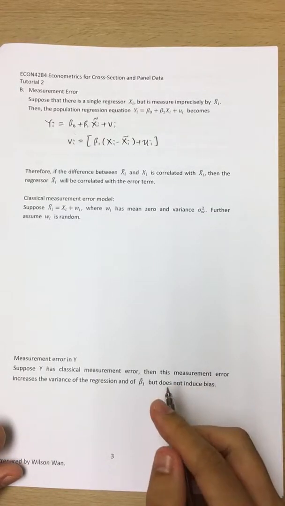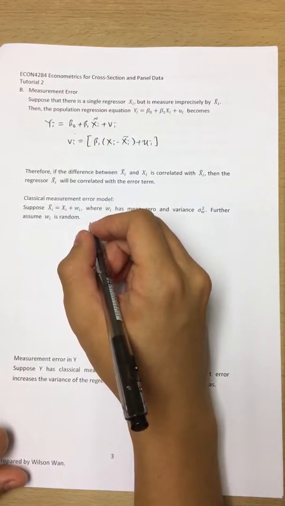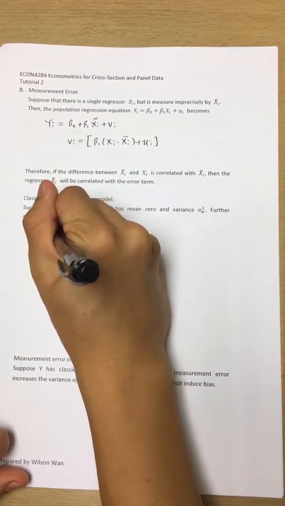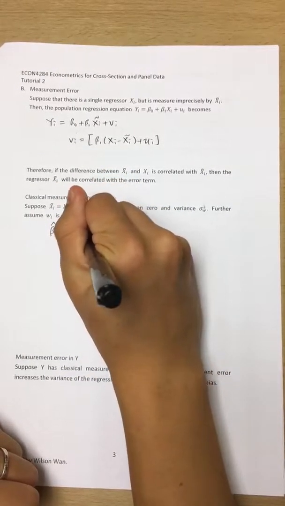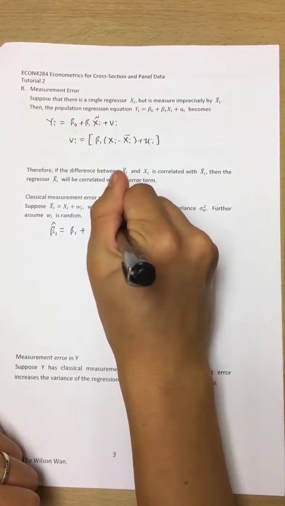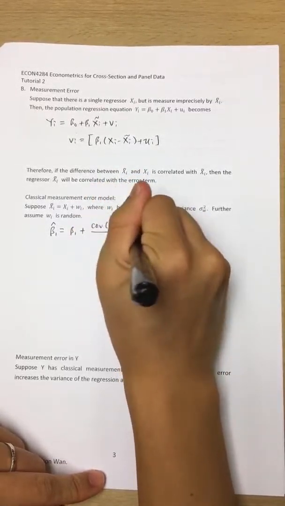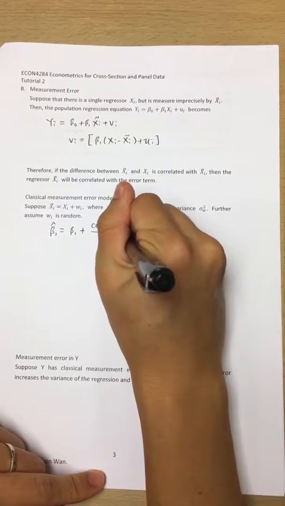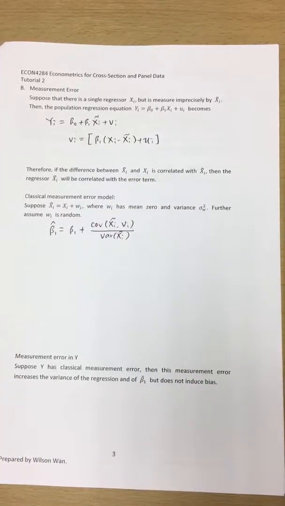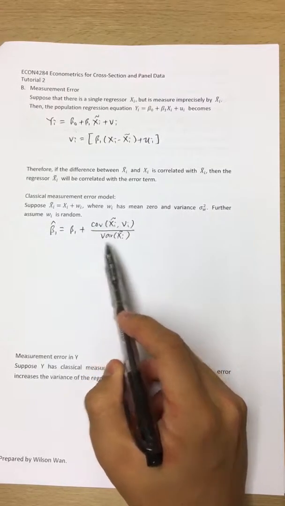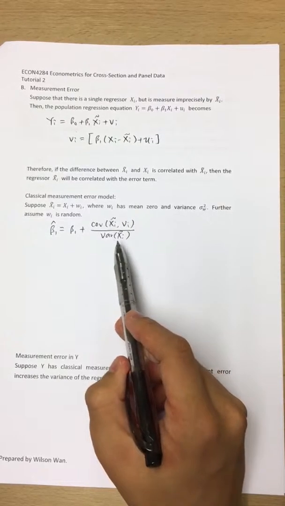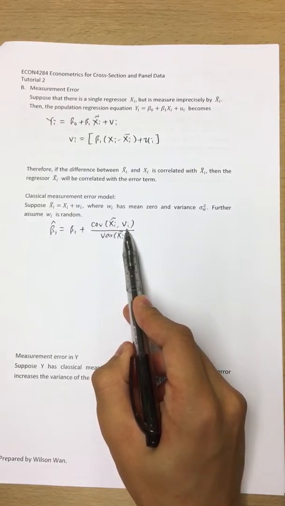In this case, everyone knows that beta 1 hat goes to beta 1 plus the covariance of xi tilde and vi divided by the variance of xi tilde. This is just a standard equation. Then to calculate this value, we have to calculate what vi is.